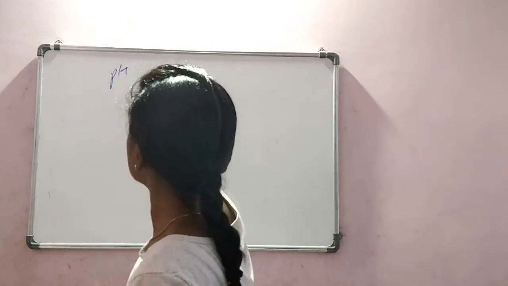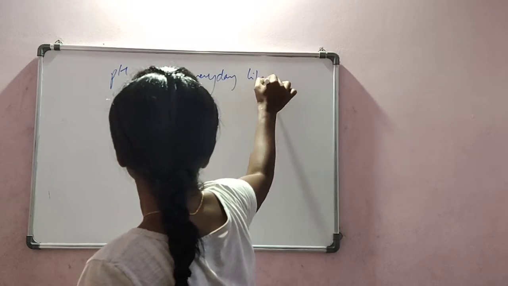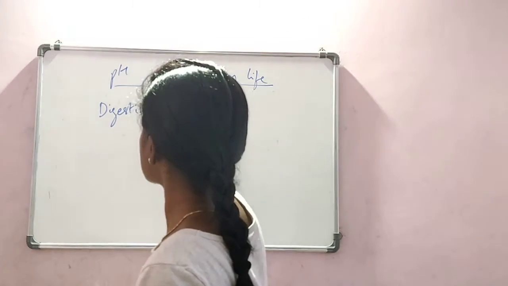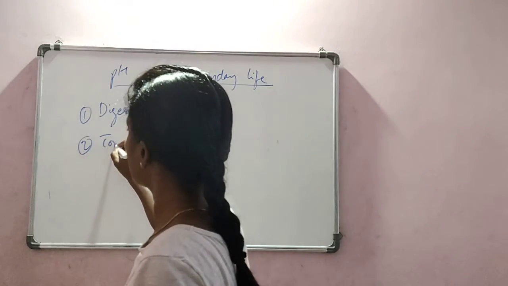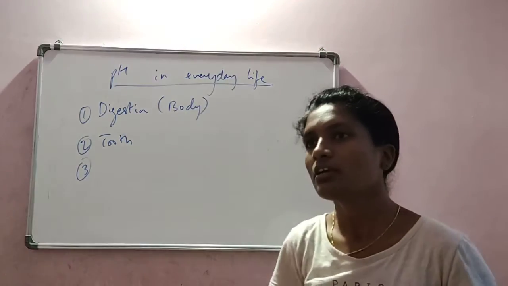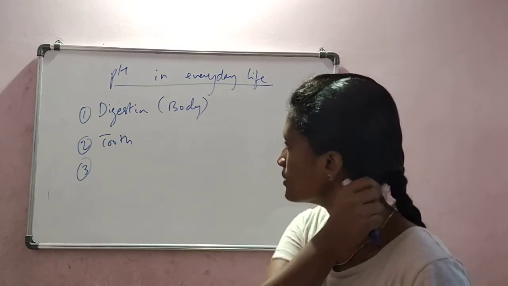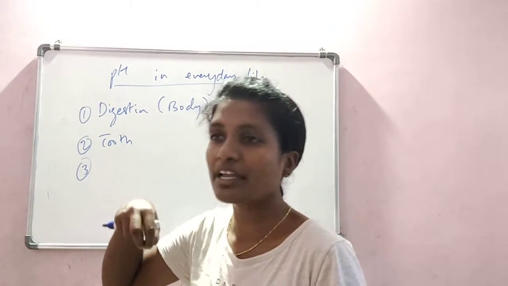Okay, pH in everyday life. Everyday life includes digestion, or inside our body, what is the pH that has to be maintained. Then our teeth, because whatever we consume is through our mouth, isn't it? So the mouth means the teeth help us in grinding the food, where acids or bases come in contact.